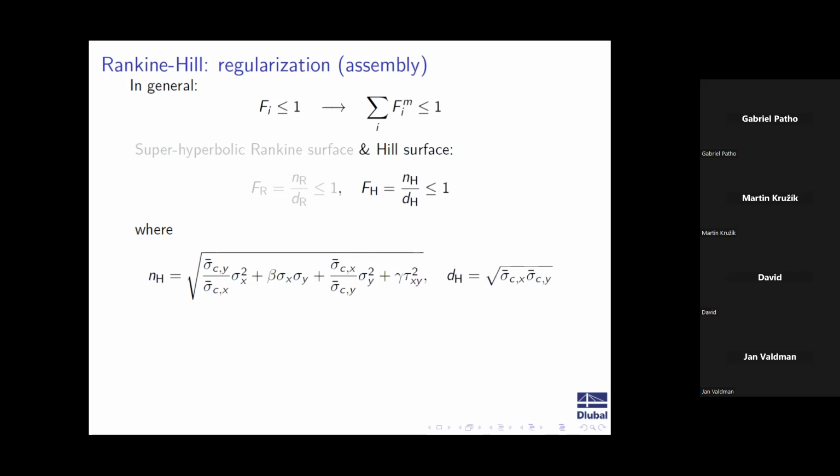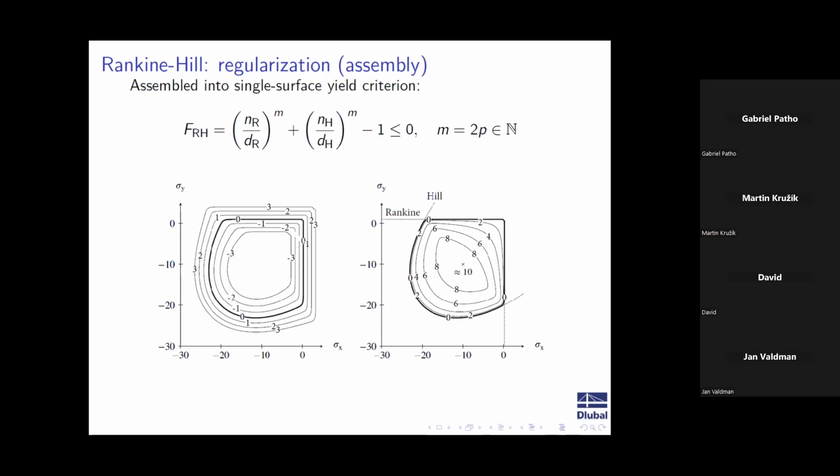Very analogously, for the Hill criterion, I already have the number 1 there because it was an ellipsoid. I get the same, or a very analogous, expression to that one.